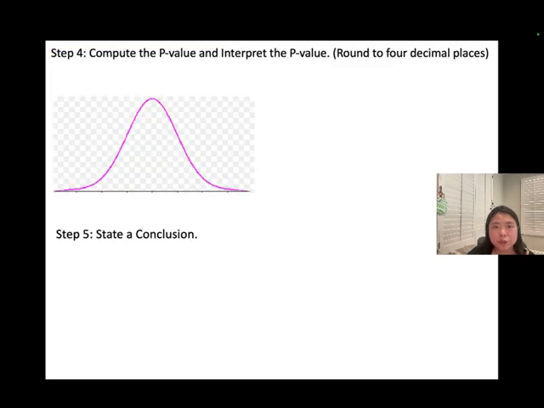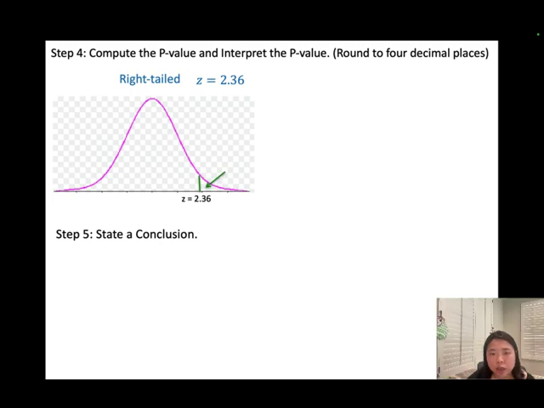Step 4. Compute the p-value and interpret the p-value. So we have the right tail test. The test statistic is 2.36, so the p-value will be the area of the right tail. And this is the z distribution, so that will be normal CDF from 2.36 to 1E99.